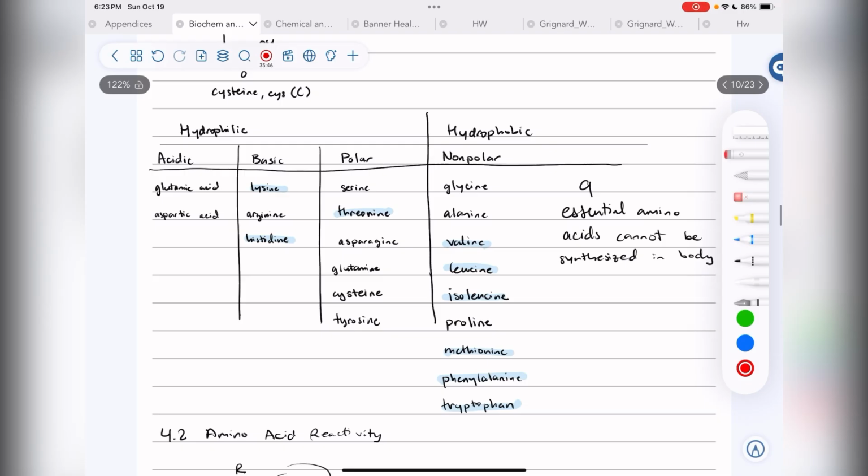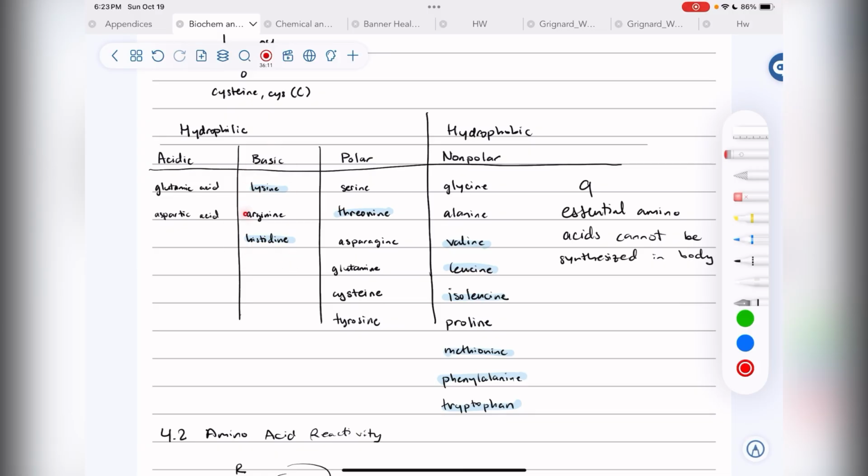Okay, so let's go over this chart, and this is the stuff we have to memorize. Hydrophilic, the ones that like water, we have polar plus the charged ones. The acidic ones are glutamic acid, aspartic acid, and you're going to see these in their conjugate base forms. If you see a negative charge on the amino acid, it's probably an acidic one.